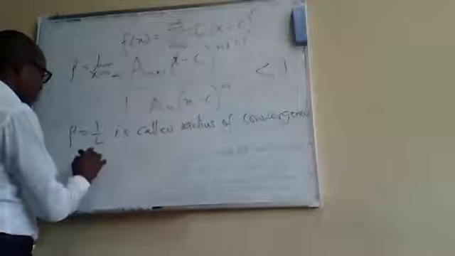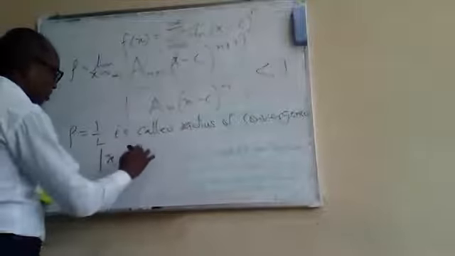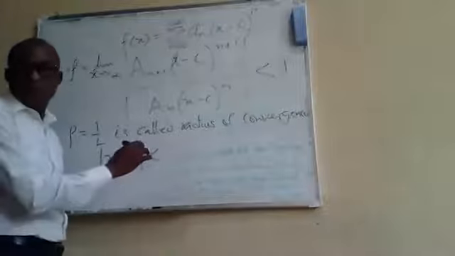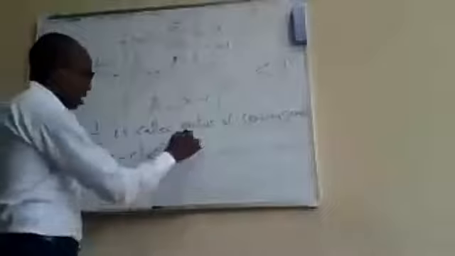So to determine the radius of convergence, that means we are saying the absolute value of s minus c must be less than 1 over L, which is equal to R. R here is defining the radius of convergence.